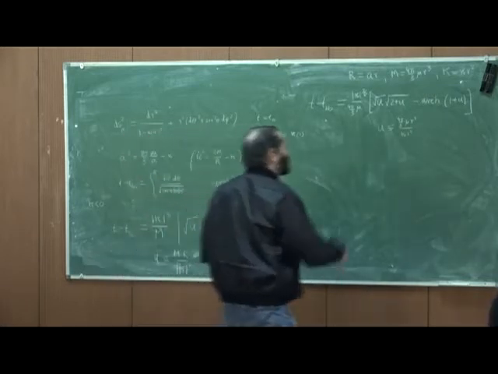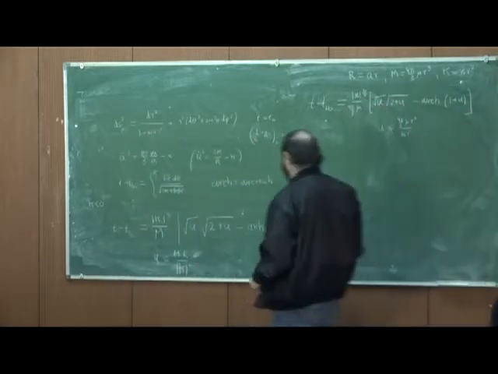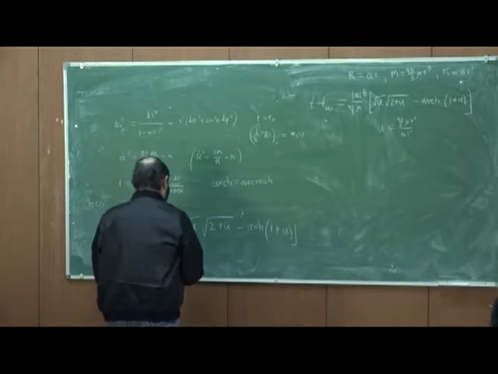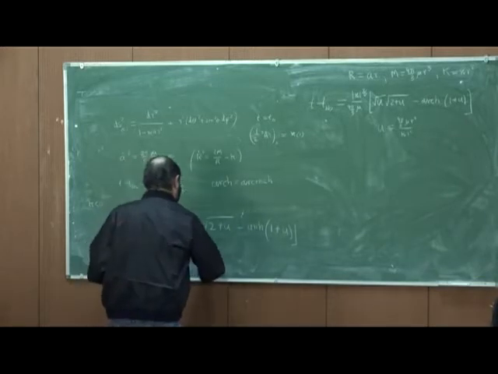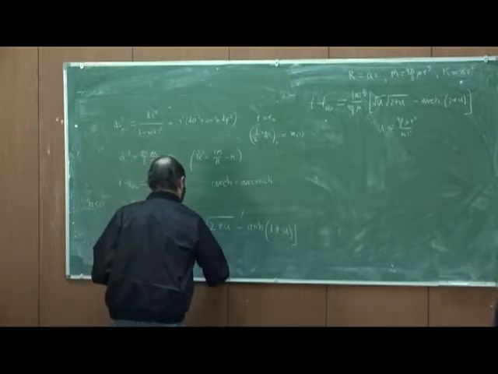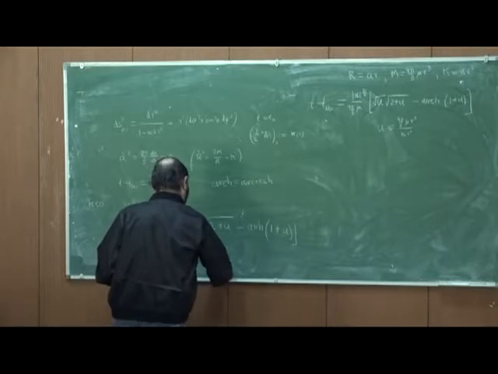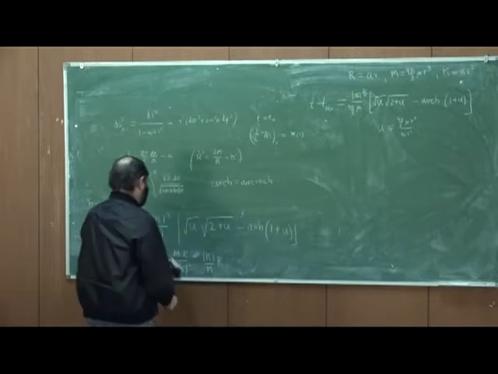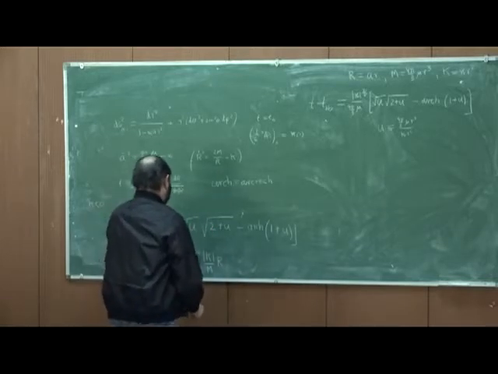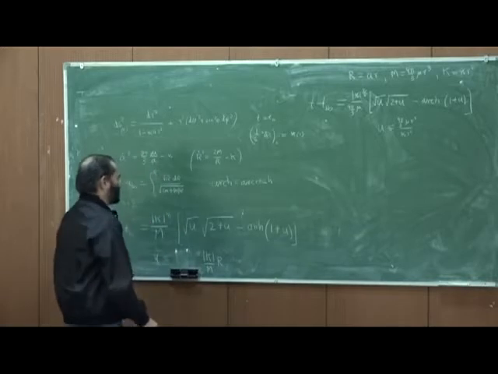It's K divided by M over R. Yes, it was the opposite. It's like this. Okay.